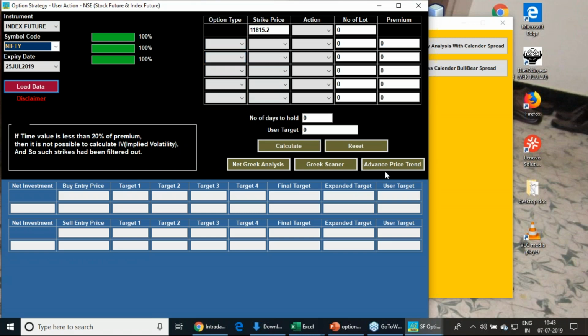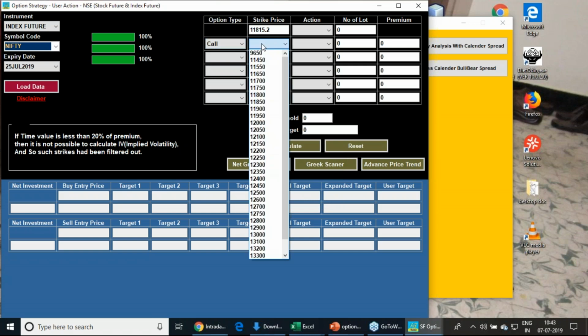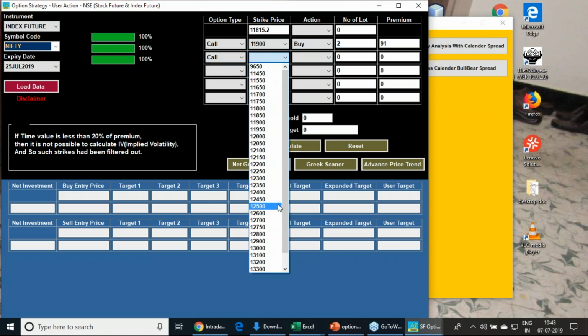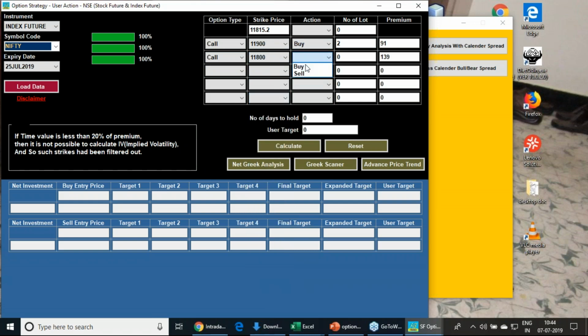Here, first I am buying two lots of the 11,900 call option and I am selling one lot of the 11,800 call option. I have an objective to hold it for 7 calendar days.